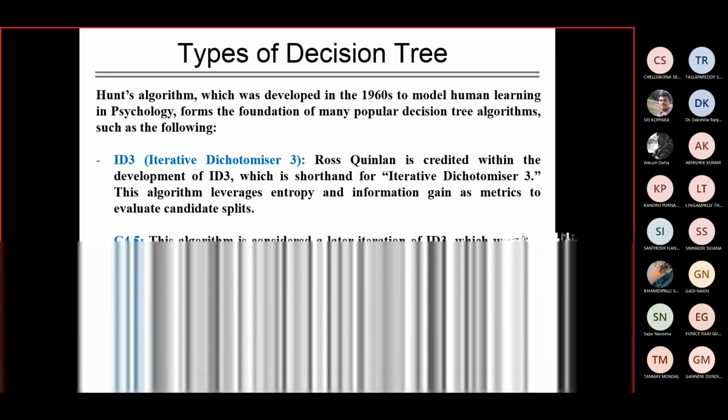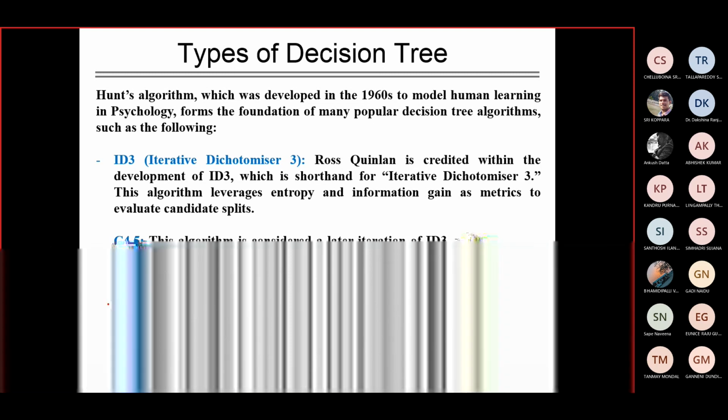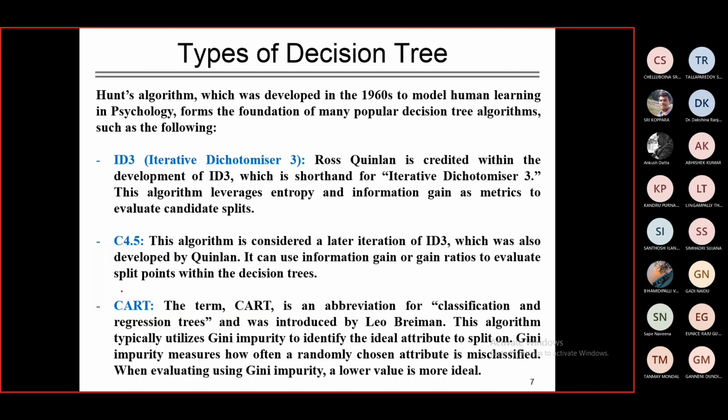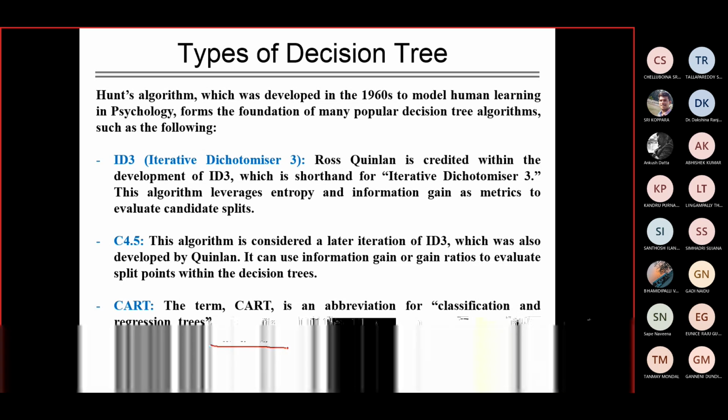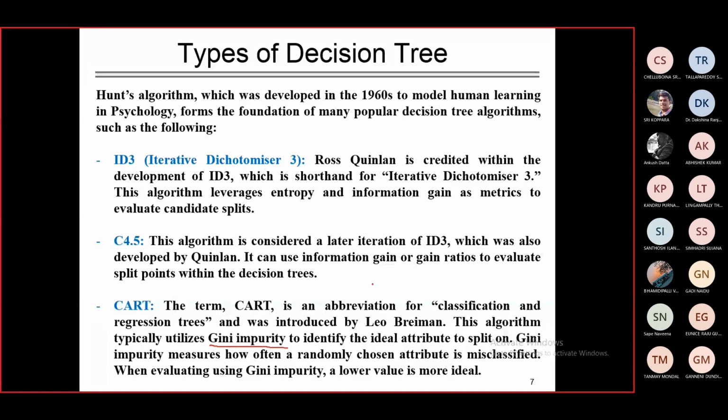The next decision tree variant is known as CART. CART is an abbreviation of classification and regression trees, and it was introduced by Breiman. This algorithm uses Gini impurity. So another method, Gini impurity, is used in the CART algorithm, which is used to identify the ideal attribute to split on. So what is Gini impurity?